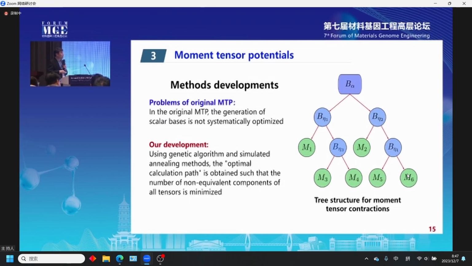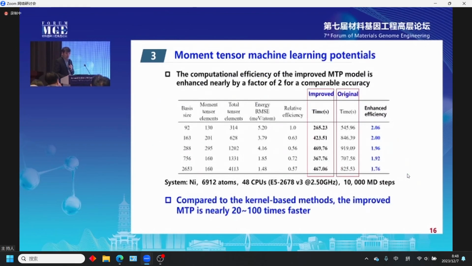First, you have a lot of tensor moments. Then you make a construction. Finally, you get the scaling-based implementation. For example, in our case, if we compare the first things, we tried the same computer and the same systems.